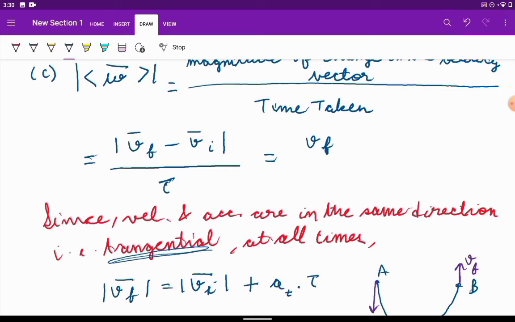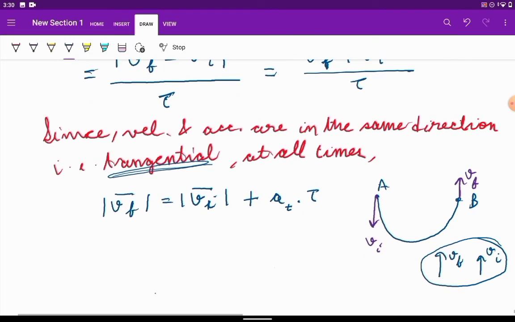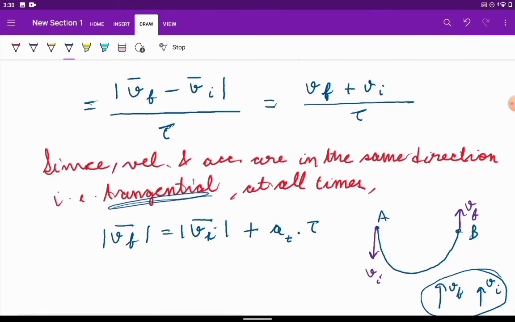Basically you are adding up the two when it comes to magnitudes. So this is the same as writing Vf is equal to Vi plus AT tau. This represents the magnitude itself.